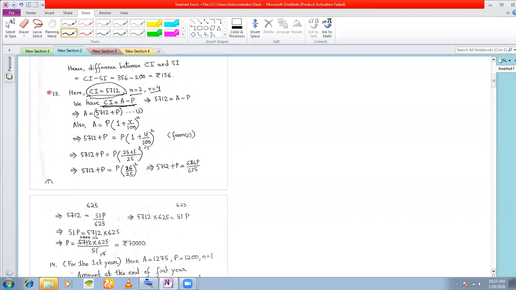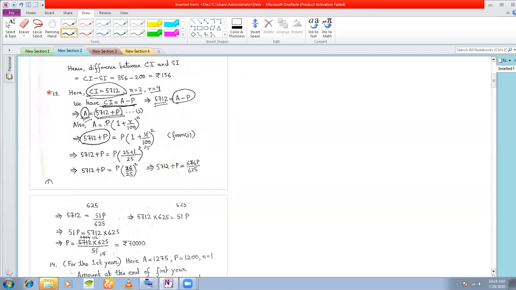I am using this formula to express A in terms of P. So if you see here, I have put the value of compound interest as 5712, and I'm getting a relation between A and P. So I'm getting A is equal to 5712 plus P. Okay, and what I have done is I have put it in the formula.